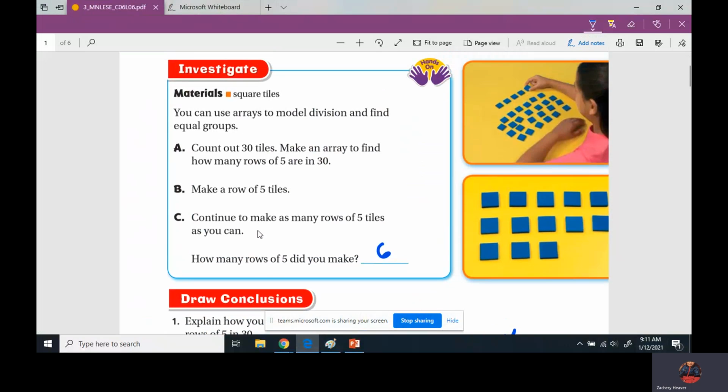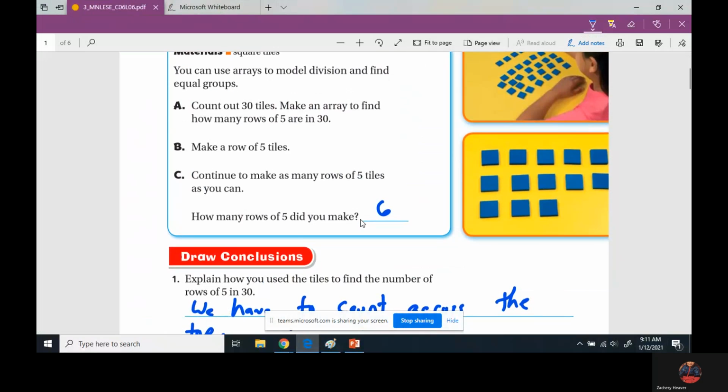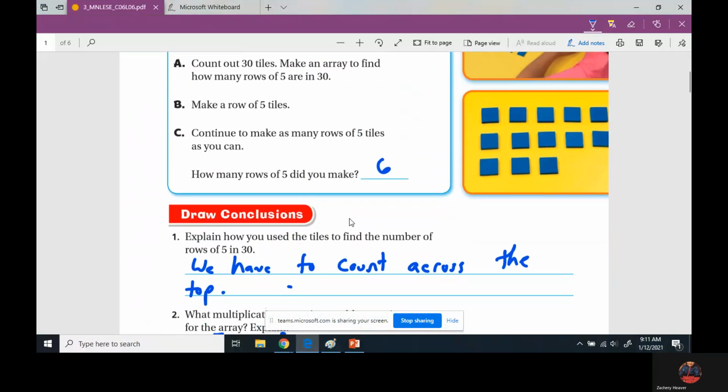So once we did that, how many rows of 5 did we make? We made 6 rows of 5 to make 30. And explain how you use the tiles to find the number of rows in 5. We have to count down the side, okay?